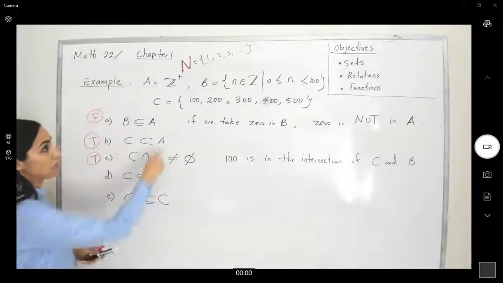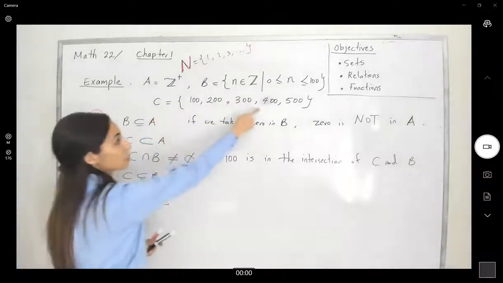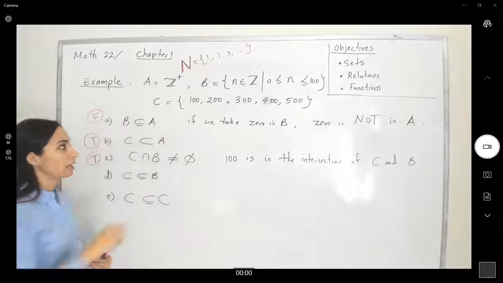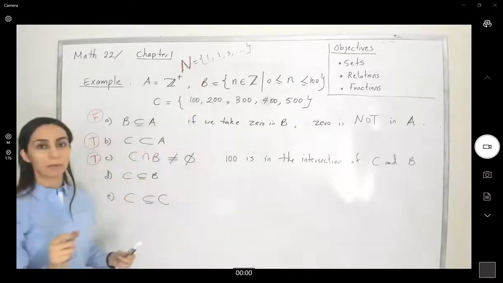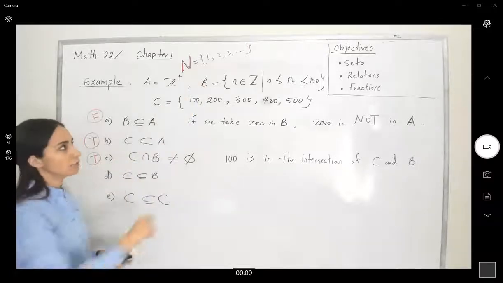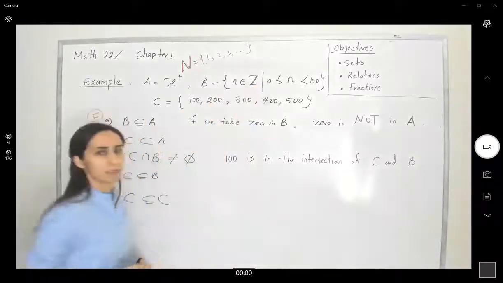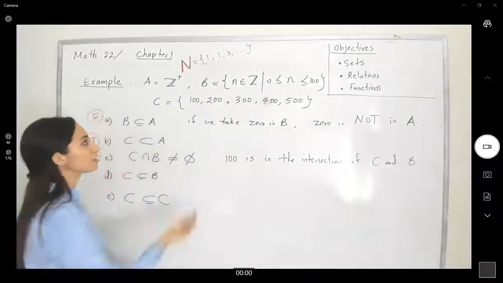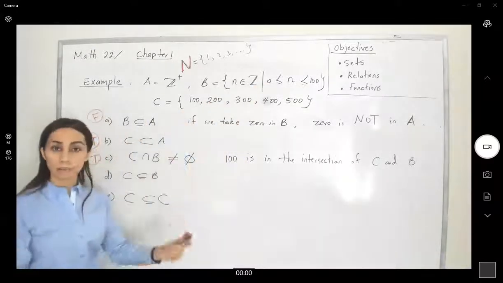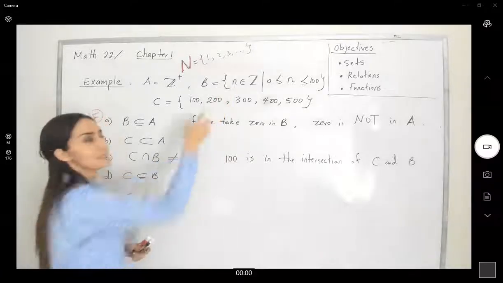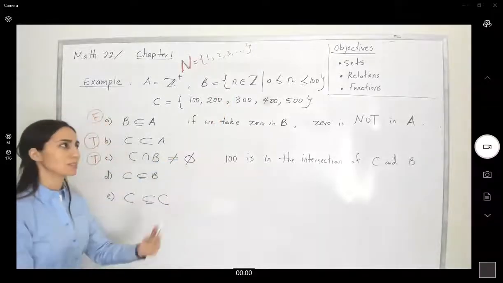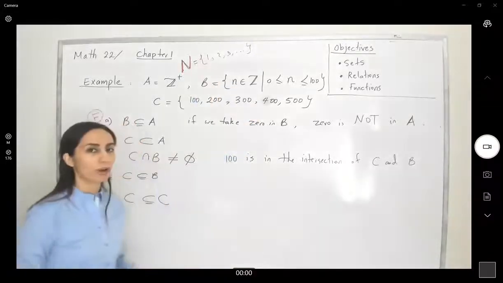What about D? C is a subset of B. It means that if I take any random element in C, that random element must be in B. If I take 100, yes, 100 is in B, but you have the choice of selecting 200. If I select 200, 200 is not a member of B. You might say, hey, I'm going to randomly select 400.